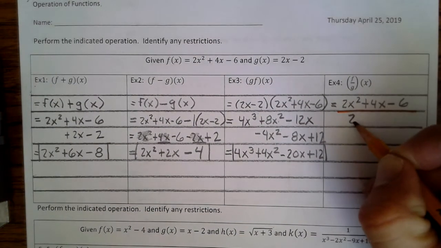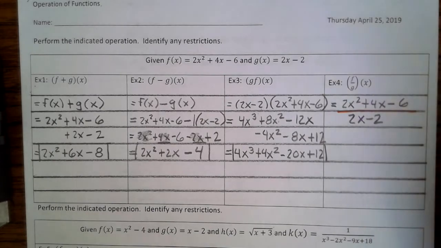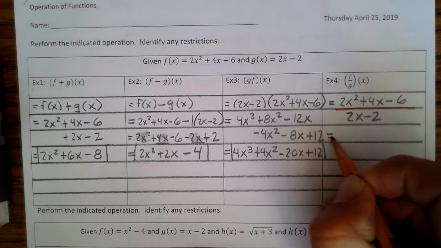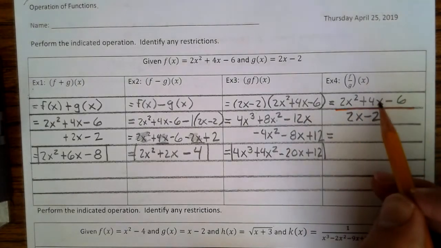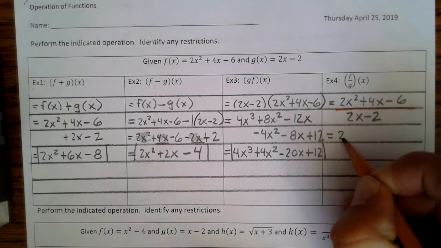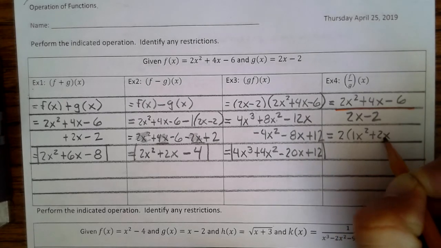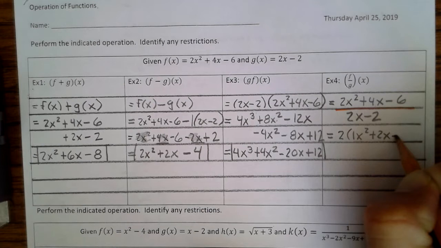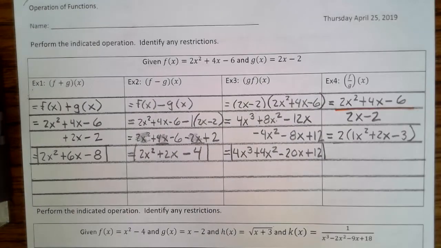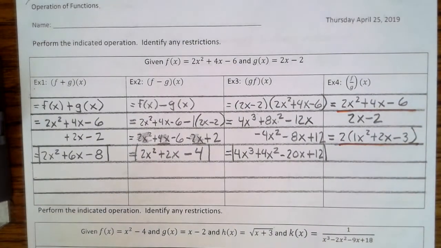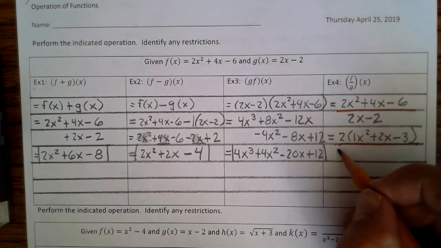Okay, now at this point we need to factor the numerator and the denominator. So it looks like we can factor out a 2 first here, so that's 2 times 1x squared plus 2x minus 3. And we can also factor out a 2 from the denominator. So that's 2 times 1x minus 1.